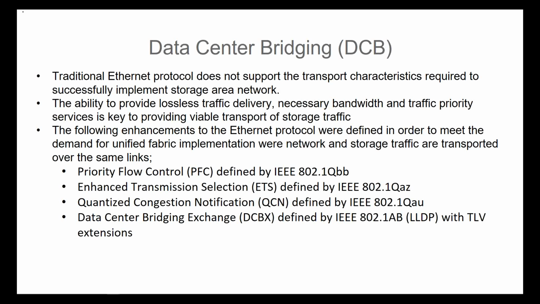Quantized congestion notification, defined by IEEE 802.1Qau, and the Data Center Bridging Exchange, defined by IEEE 802.1AB, which is part of the LLDP class, and it has TLV extensions. The TLV extensions are type, length, and value, and it provides the ability for additional capabilities for the Data Center Bridging Exchange.